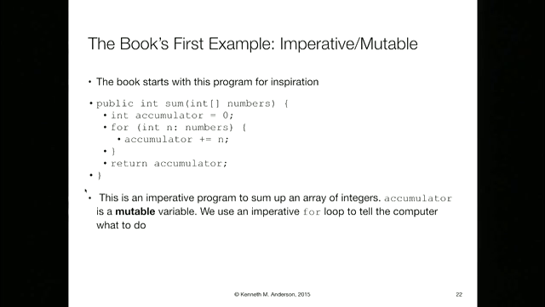And it's very imperative, which imperative means I tell you what to do. So do this first, then this next, then this third. And so I say public int sum, and then I say I need an accumulator to keep track of the total. And so it starts at 0, then I loop through all the numbers, and I keep adding them to the accumulator, and then I return the accumulator. So we should all be familiar with this style of programming.